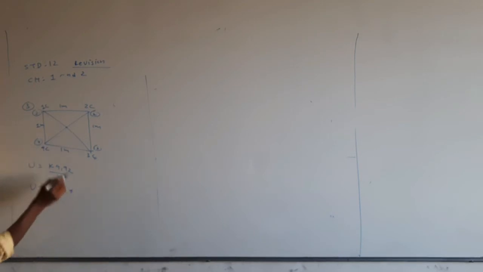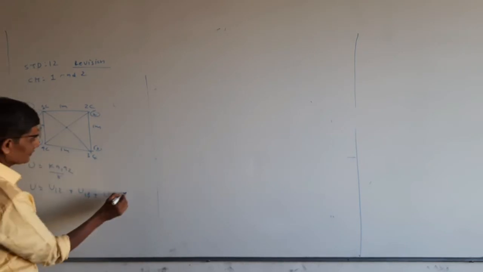Then 1, 2 is there, then 1, 3, then 1, 4. So these are all the combinations of 1.